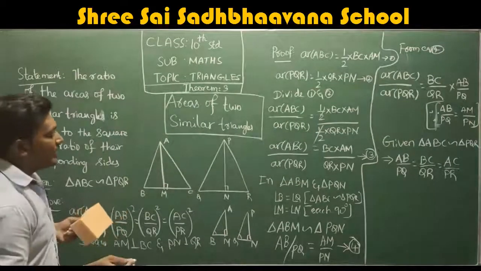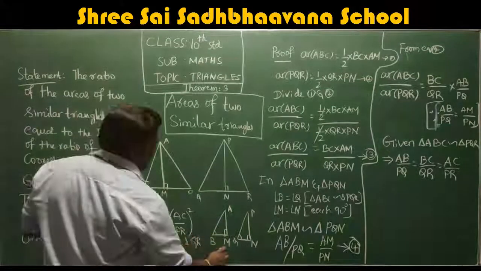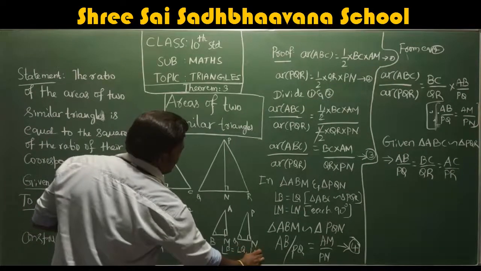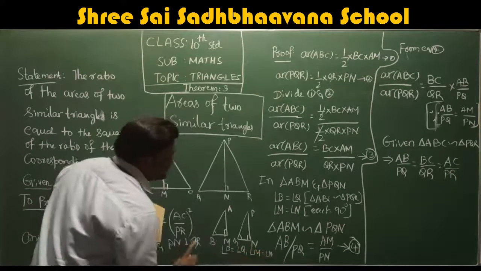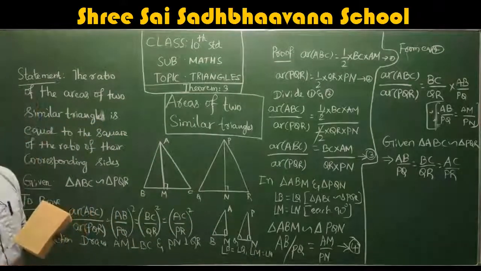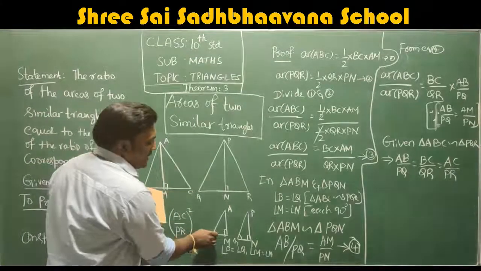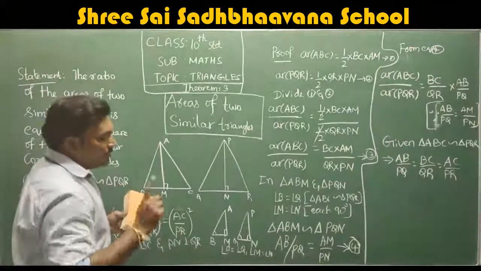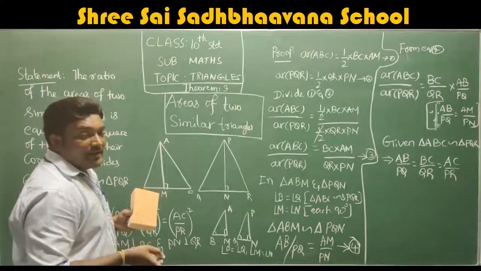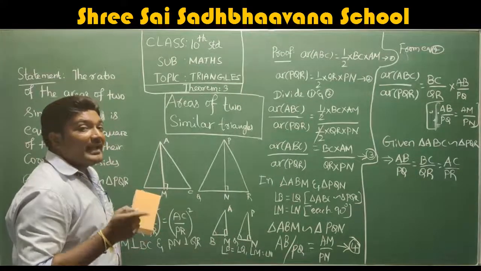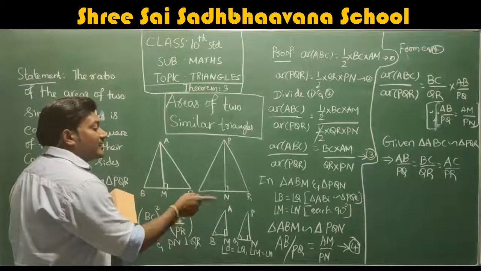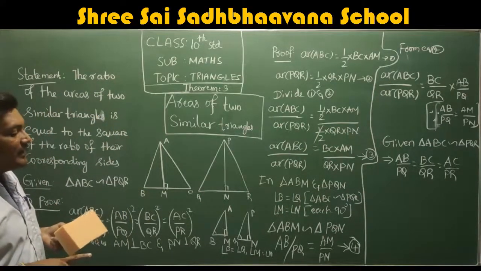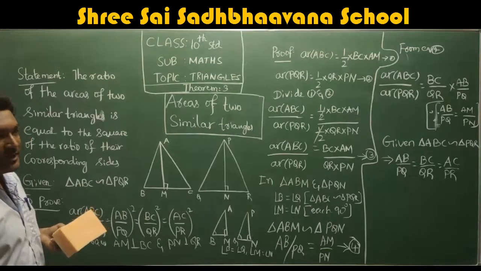So angle M is equal to angle N, and angle B is equal to angle Q. If these two corresponding angles are equal, we can say that these two triangles are similar. It means triangle ABM is similar to triangle PQN.